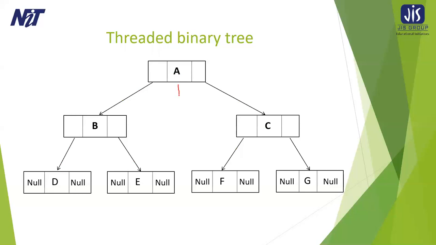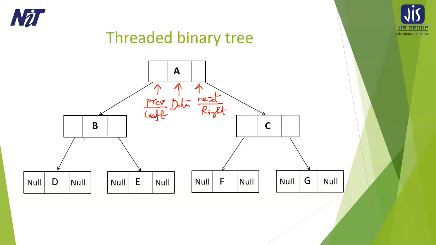Inside this node, this is the data part, and on the left side is stored the address of the left child, and this is the address of the right child, left and right.